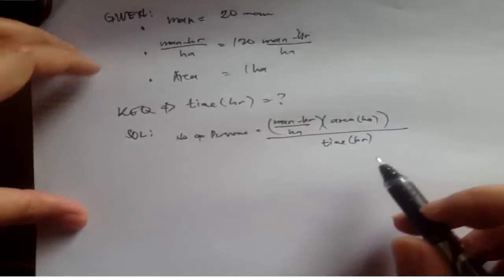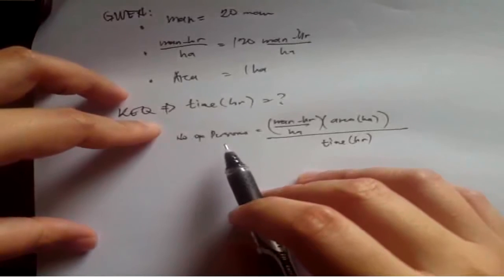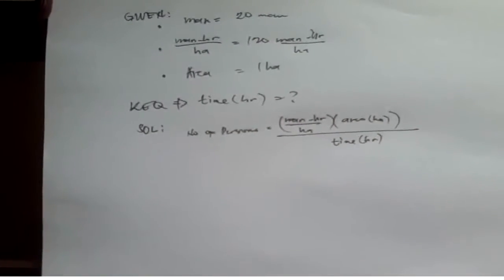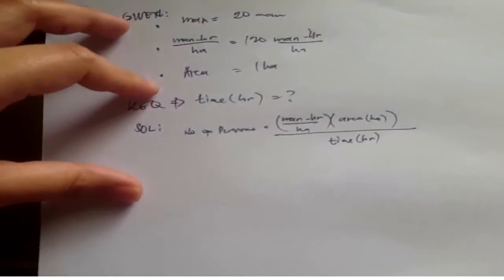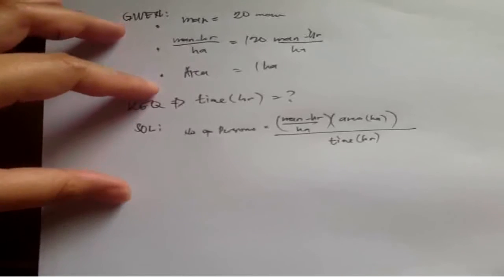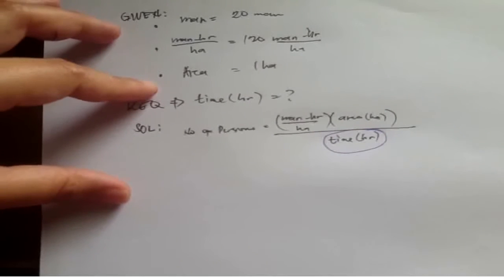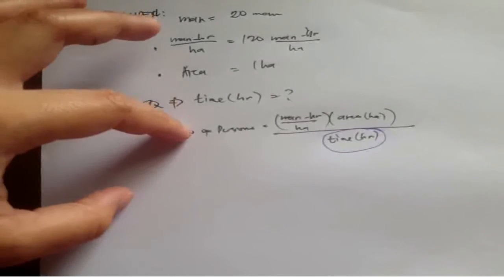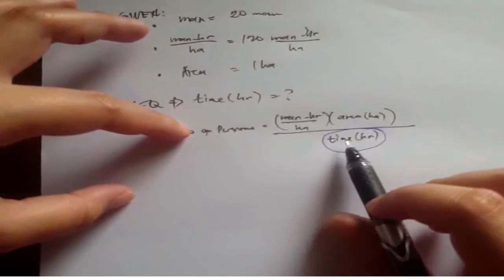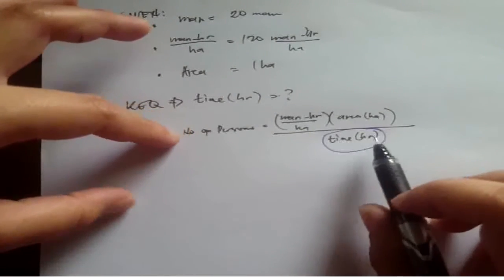Okay, so this is our main formula, but what we need to determine is the value of time there. So all you need to do is to do the algebra to find out the formula for time in hours.